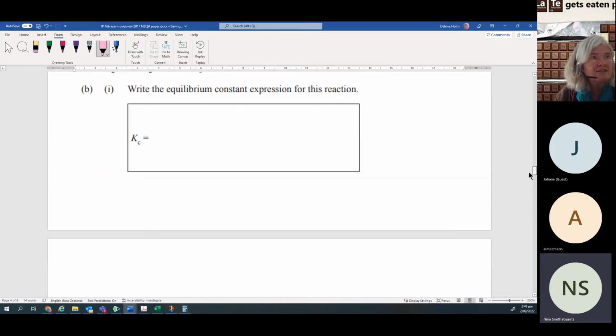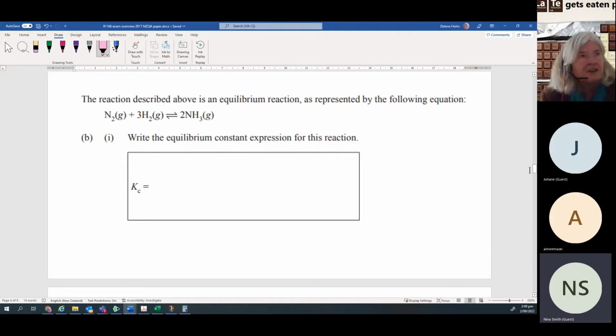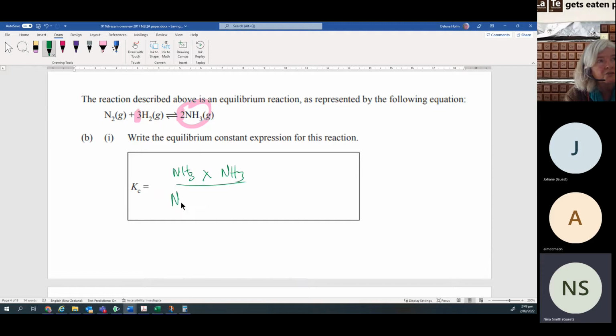Okay, so all of these are like this. Here, I think this is pretty straightforward, and it's just an achieve level question. Remember, it's always products over reactants, and any little number in front is raised to the power of. Because in a way, I'm saying NH3 times NH3 all over N2 times H2 times H2 times H2.